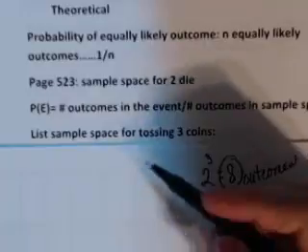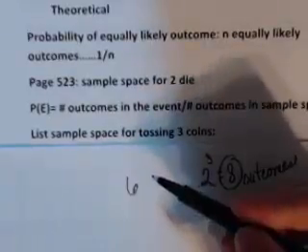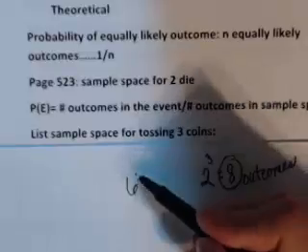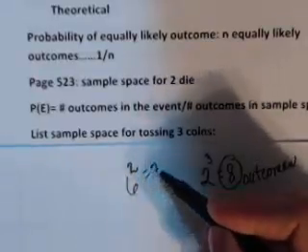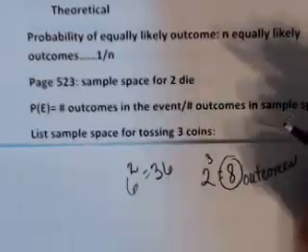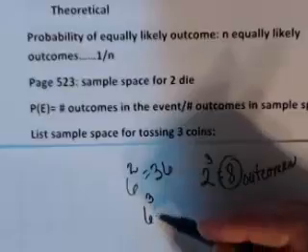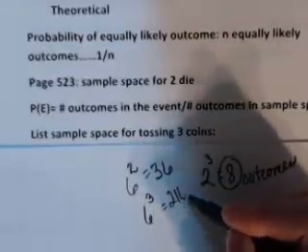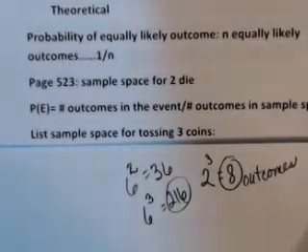Just like on the die, there are 6 possible numbers, and with 2 dice it would be 6 to the 2nd power, 36 possible outcomes. You can see why we don't use 3 dice, because 6 to the 3rd power is 216. There's a whole lot of outcomes to deal with.